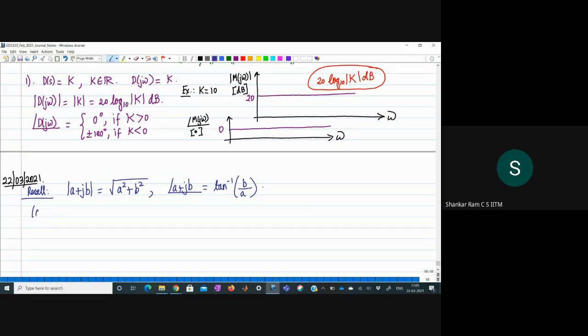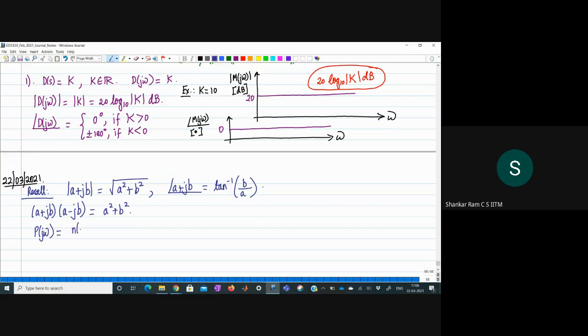Another formula which will be quite helpful is that the product of a plus jb times a minus jb will be a squared plus b squared.